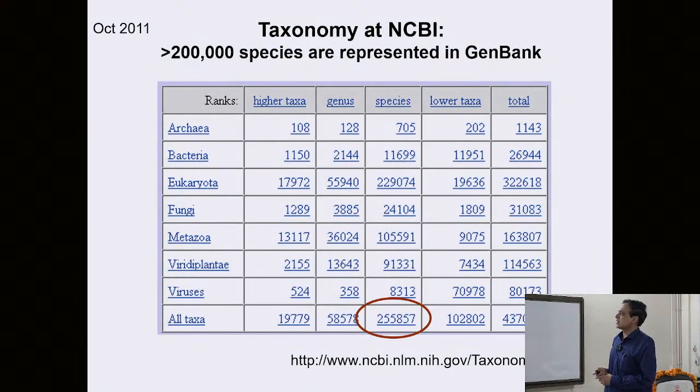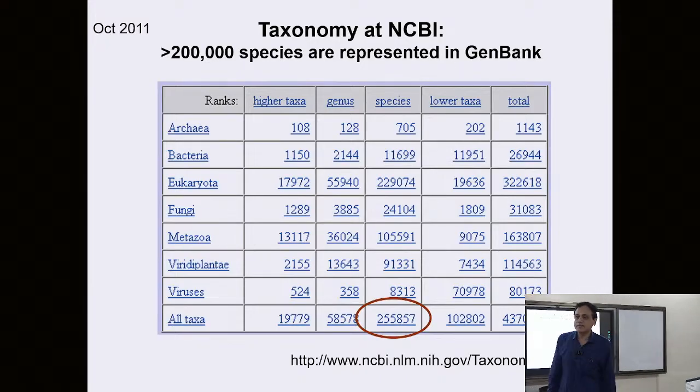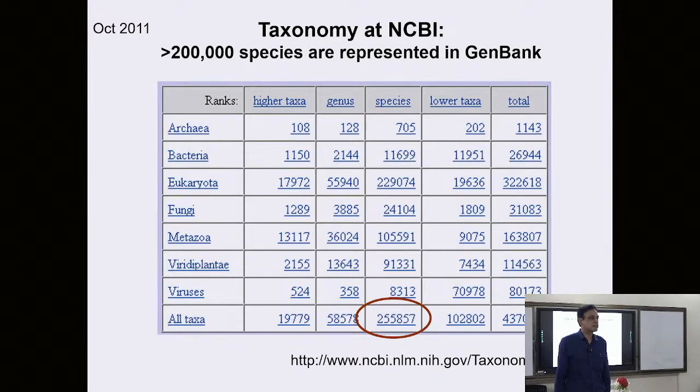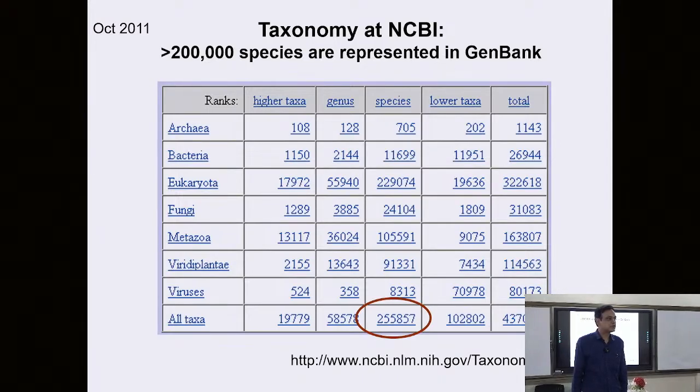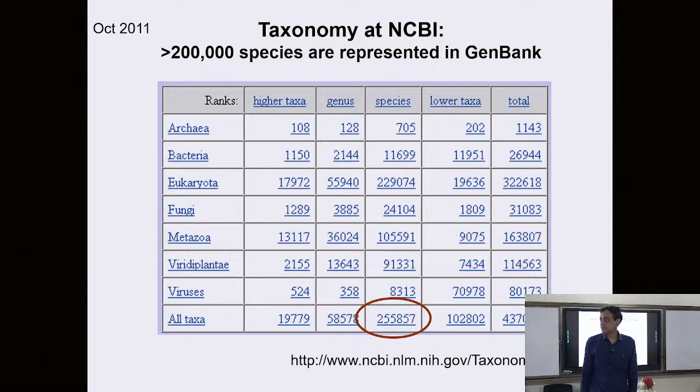Before we venture into this, I would like you to explore NCBI taxonomy. NCBI taxonomy is a browser for visualizing or analyzing data from different domains of life, different kingdoms of life, such as archaea, bacteria, eukarya, and viruses.